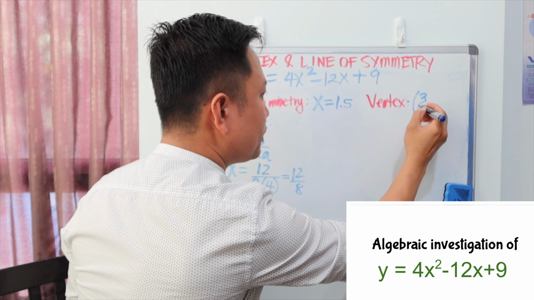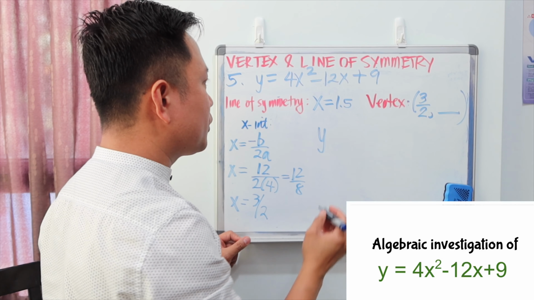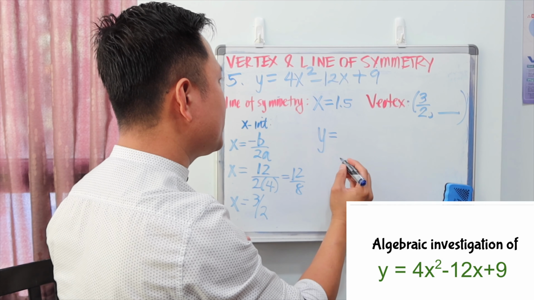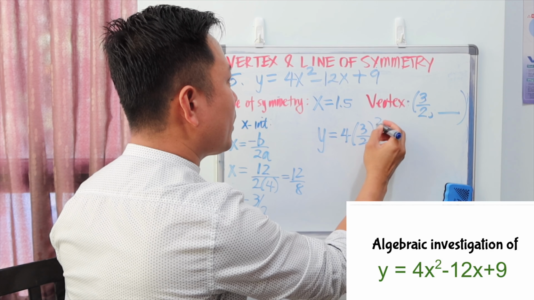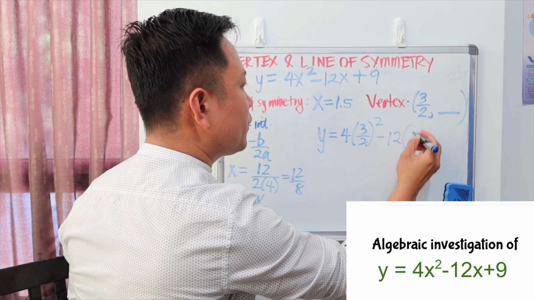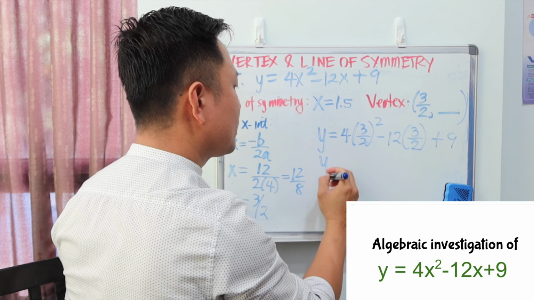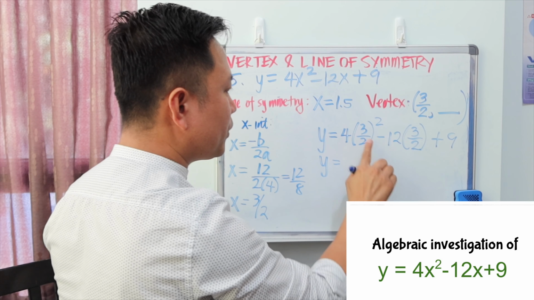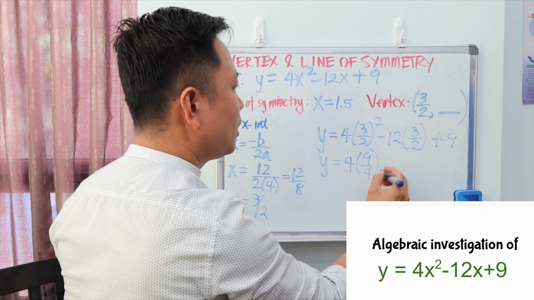Again, the x-coordinate of our vertex is 3 over 2. Now we will substitute 3 over 2 into the quadratic function. So we have 4 times (3/2) squared, minus 12 times 3/2, and then plus 9. Simplifying this further, 3 squared is 9, so we have 9 over 4.